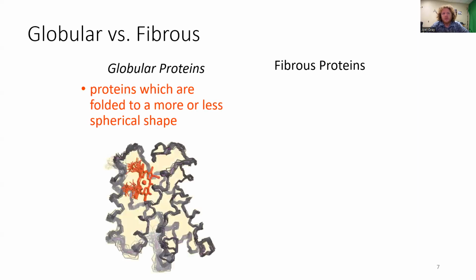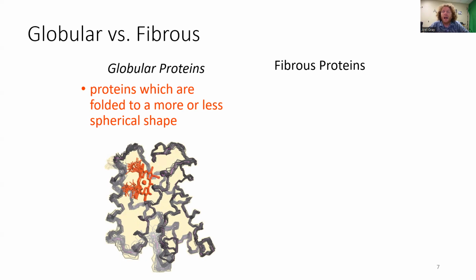Globular proteins are proteins which are more or less shaped in a slightly spherical shape. Now, that's not to say it's a perfect sphere, but instead there's an amorphous, blob type of shape to them. Compare that to fibrous proteins.